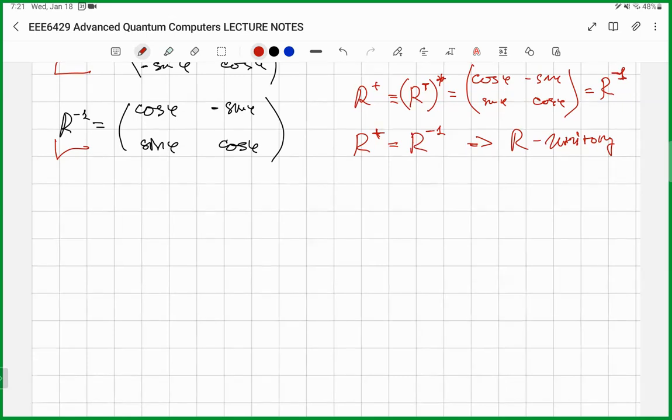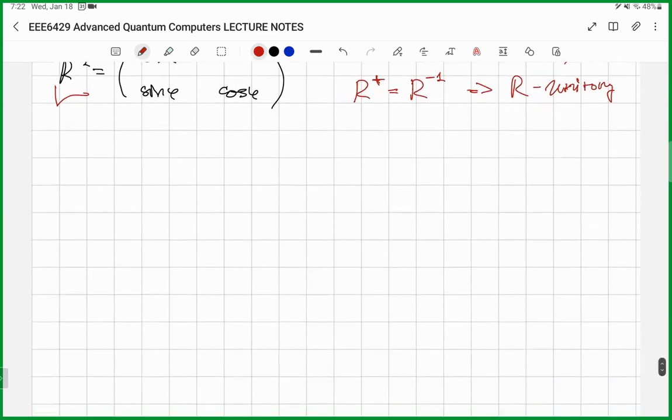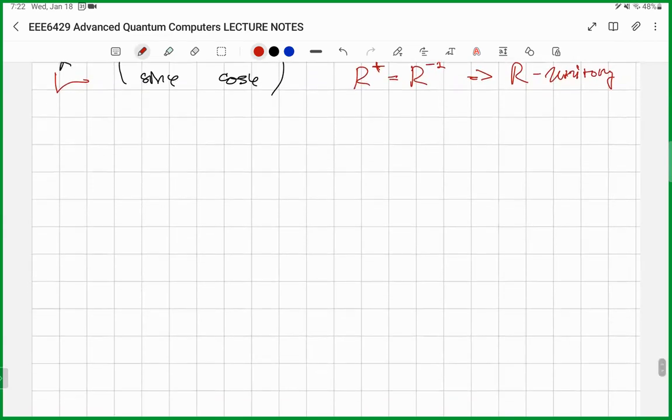So you either rotate the vector, fixing the basis, or you keep the vector unchanged and you rotate the basis. The result is the same, and any operation like this is a unitary operation because it doesn't change the vector length and the scalar product, the inner product of two vectors.